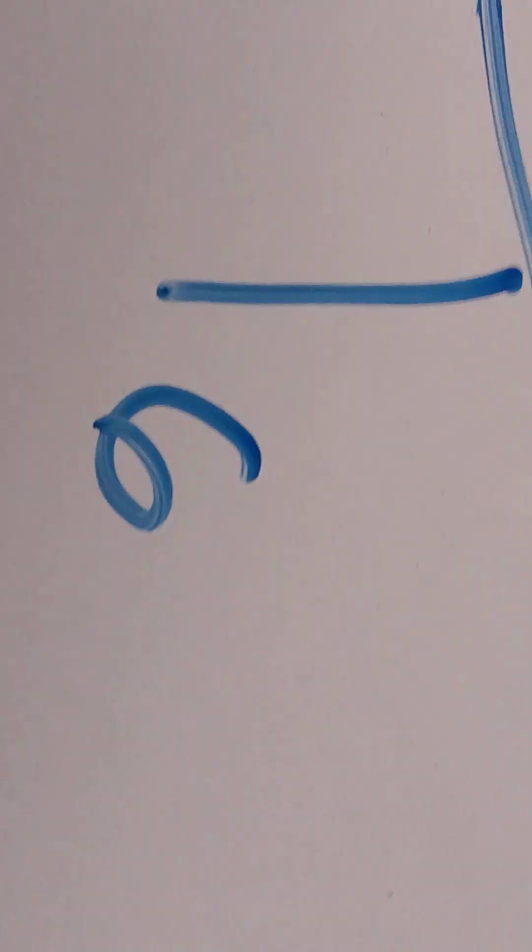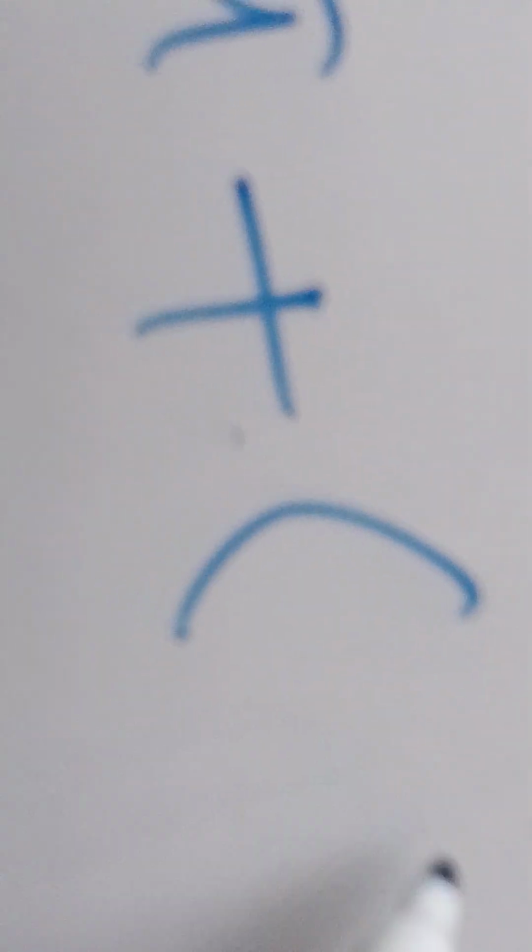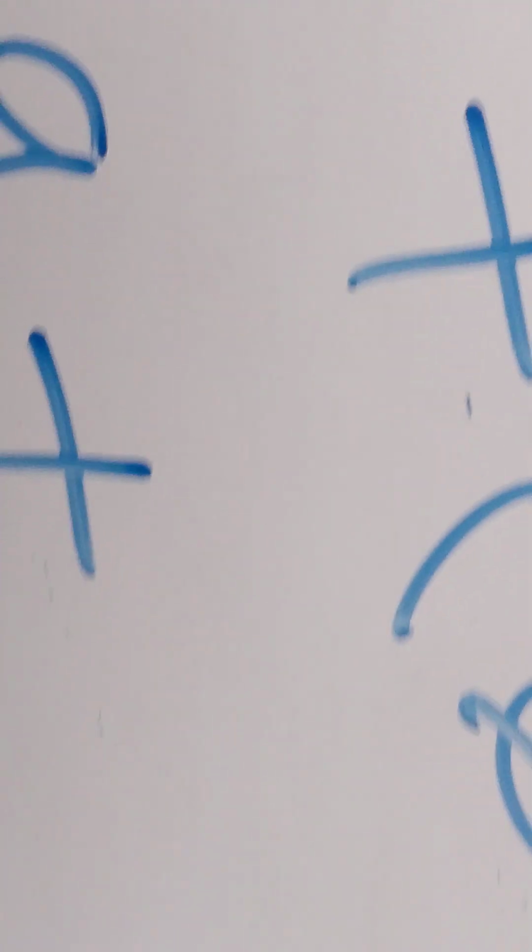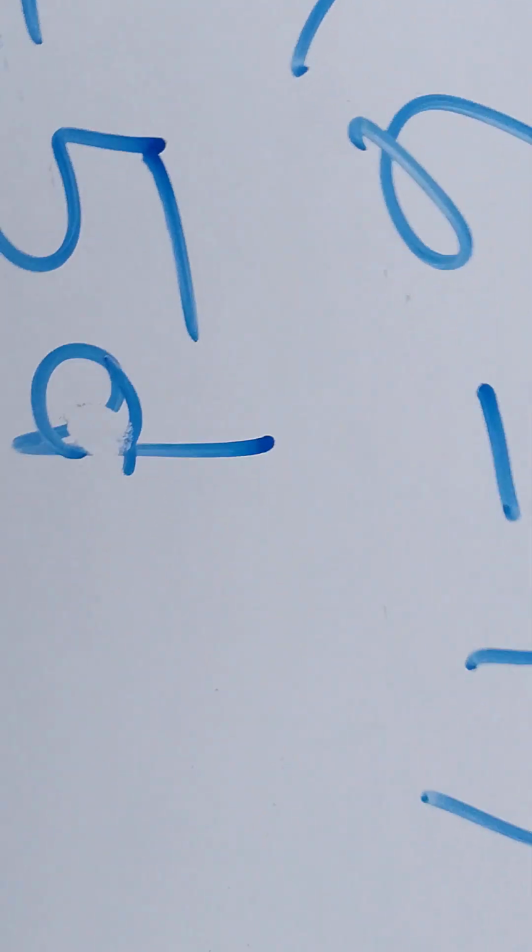So we'll start with T6. T6 will be equal to A plus 6 minus 1 times D, and 6 minus 1 is 5, so this will be A plus 5D.